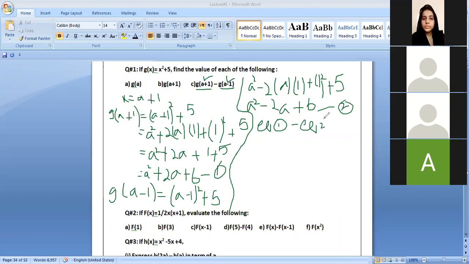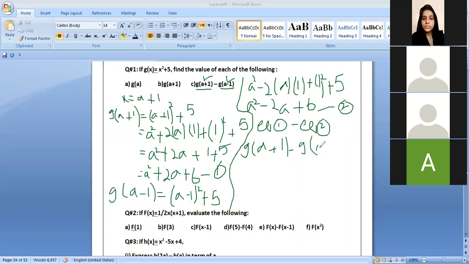Here we will subtract equation 2 from equation 1. First you will write according to the given condition. Before that, it is important to mention the terms or conditions in the question like this.